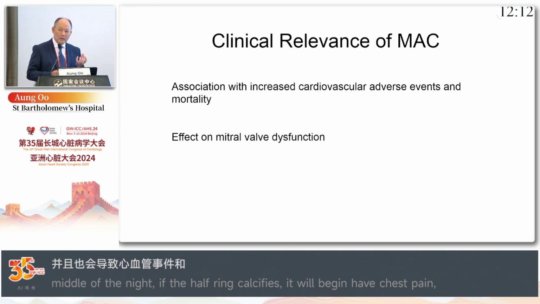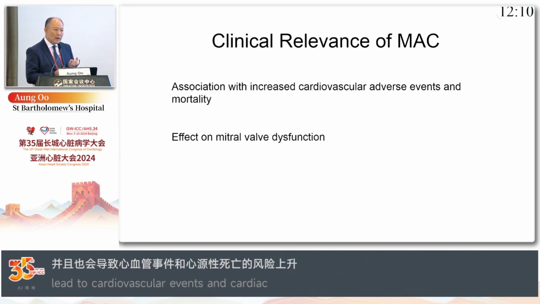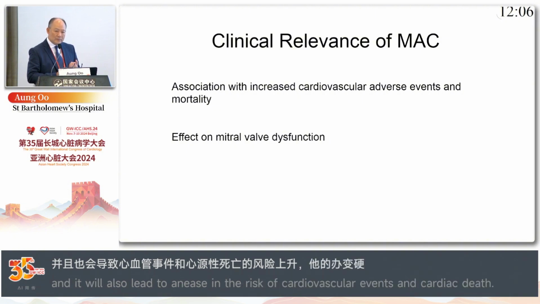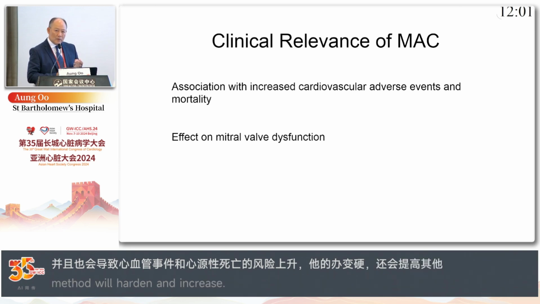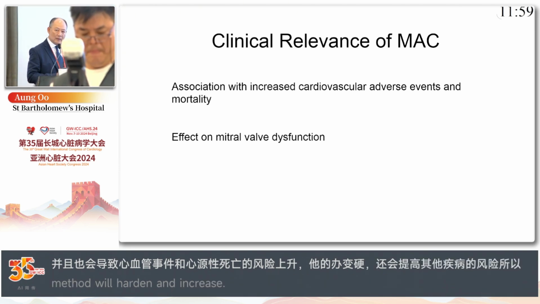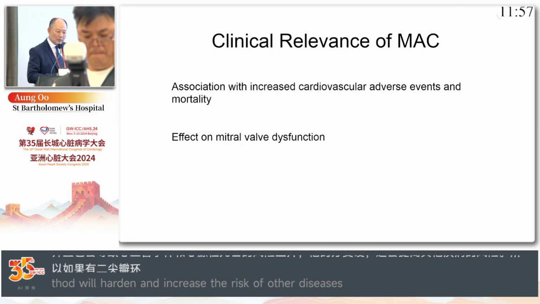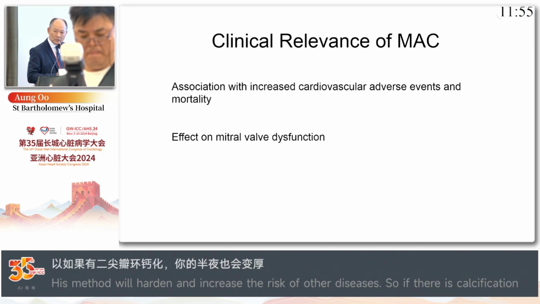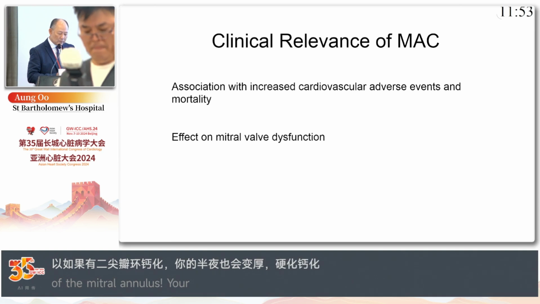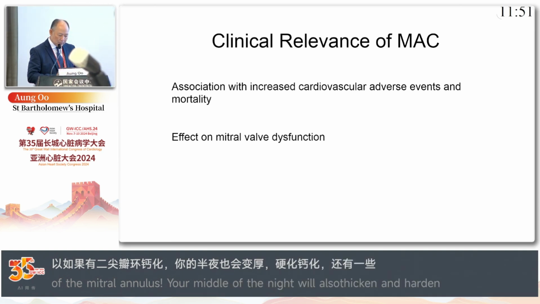When you have mitral annular calcification, your valve leaflets also thicken and calcify, and the subvalvular apparatus also calcifies. So very often it's quite a difficult scenario.